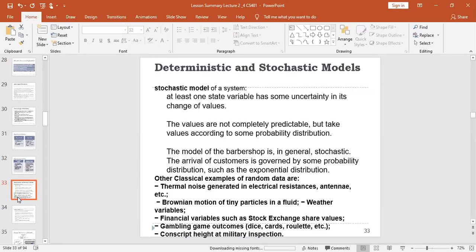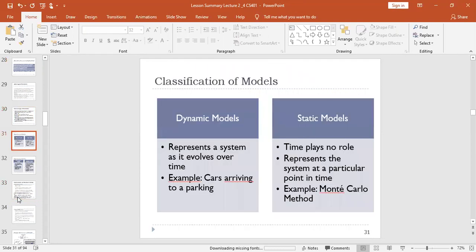The first classification is dynamic and static models. When we talk about a dynamic model, we are talking about a system which evolves, which changes. The state of the process changes over time. So cars arriving at a park or arrival rates at a bank all change with what? With time.